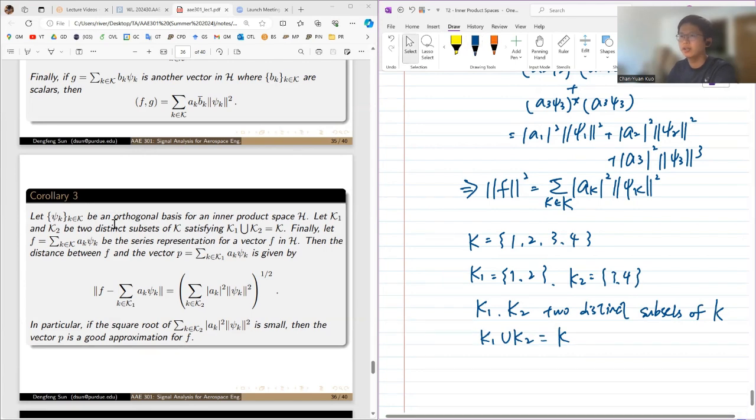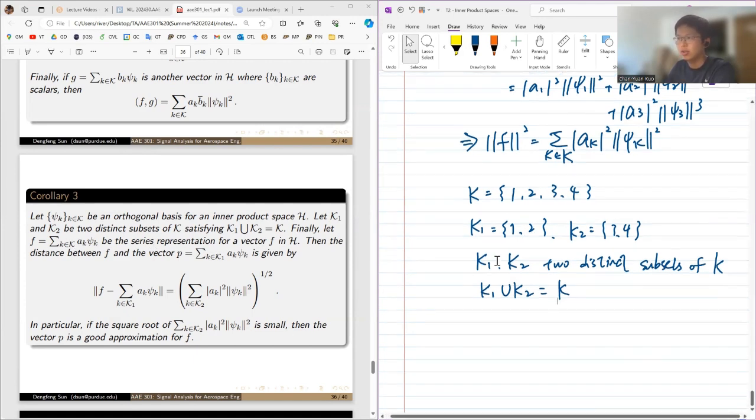Right? And finally, we let f equal the summation of ak times psi k, where k is in the kappa set, be a series representation for the vector f in H.